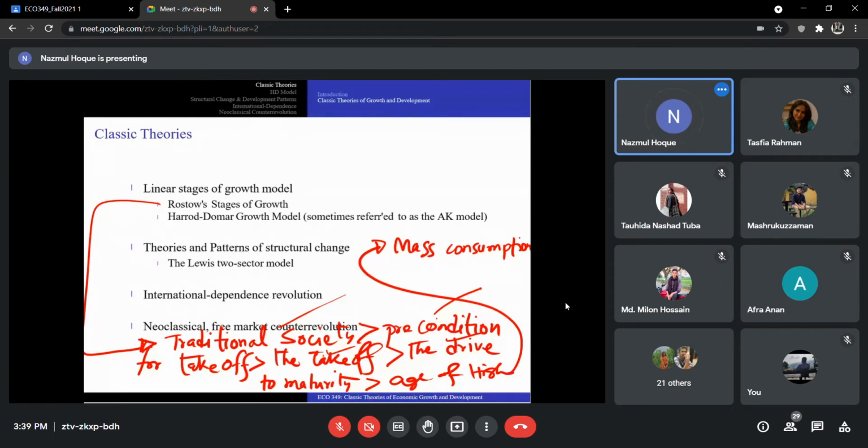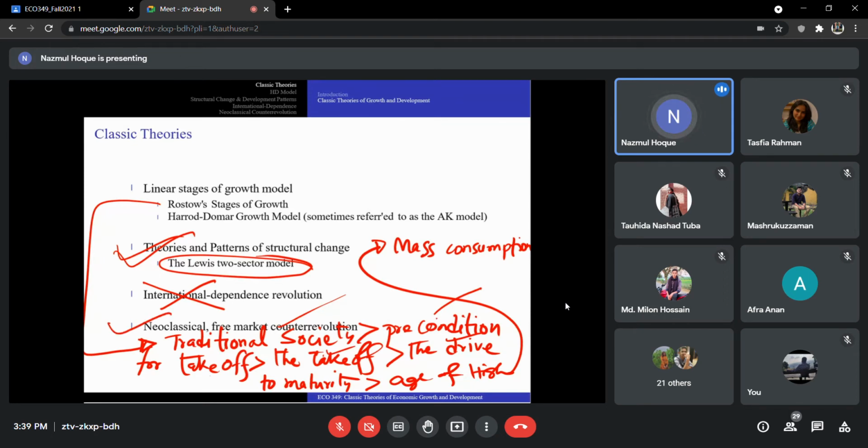Among these theories and patterns of structural change, this is the most widely known, so we'll talk about that. I'm going to skip the international dependence revolution here; you can take a look at it. Then we'll talk about neoclassical free market.